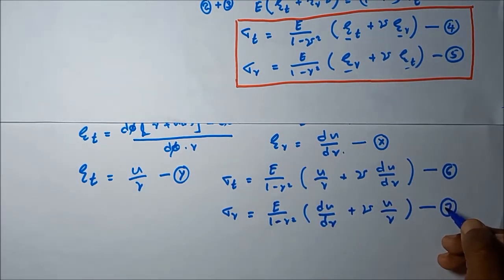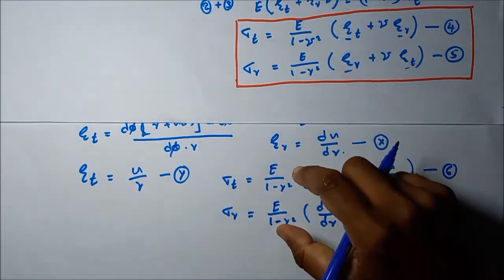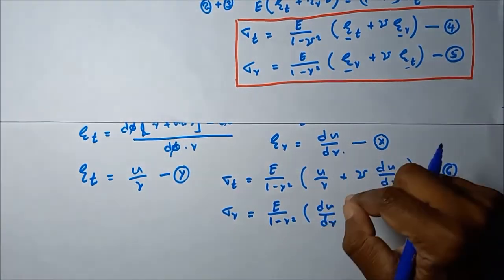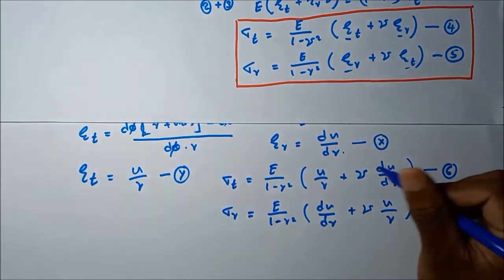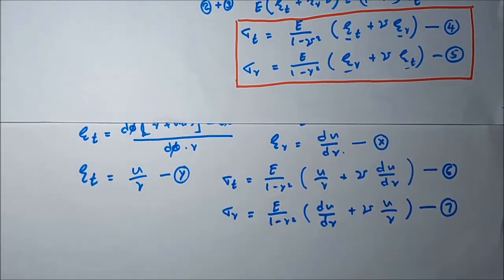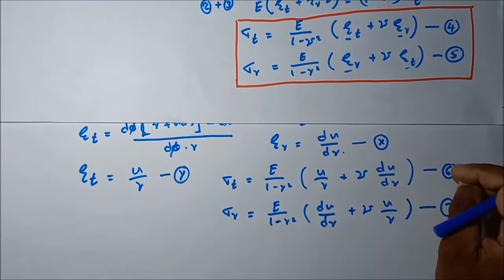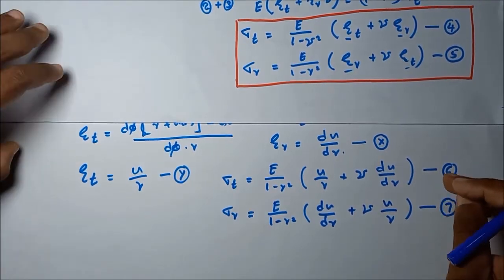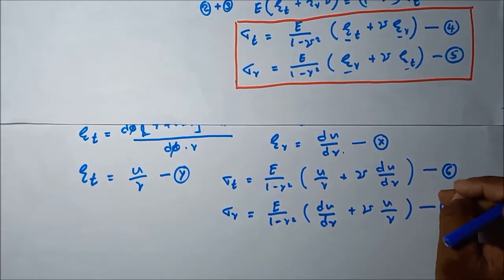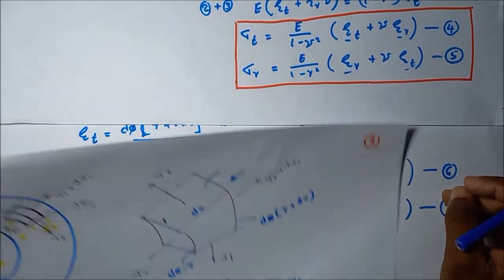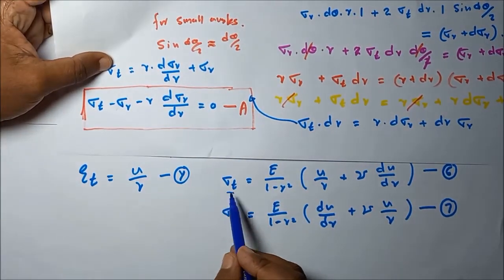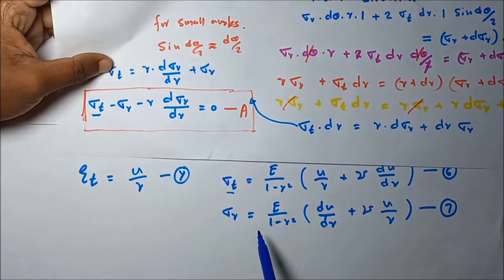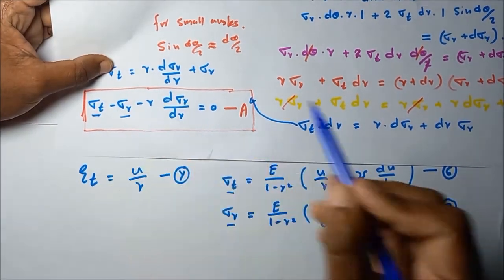Here you can see we have found sigma t and sigma r as a function of displacement, in both equations 6 and 7. I'm going to substitute them in equation A. What is equation A? This one. Sigma t I'm going to substitute here, sigma r I'm going to substitute here.